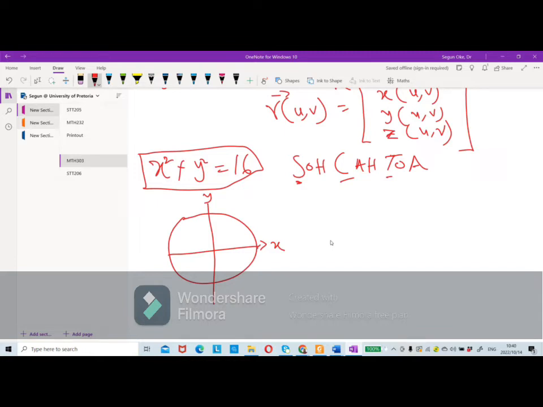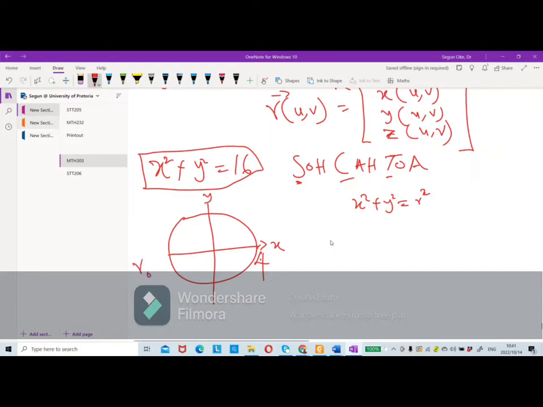The formula for a circle is x squared plus y squared equals R squared, and in this case R squared is 4 raised to power 2. Am I right? Yes, sir. So we have R to be 4.